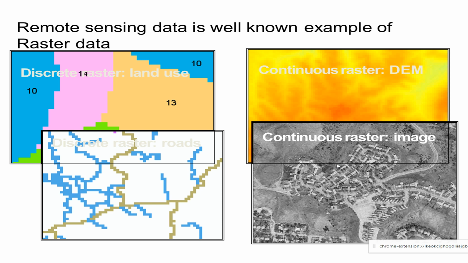So remote sensing data is a well-known example of raster data. If you see here, there is one image of discrete data sets for raster itself and continuous data sets. Continuous data, in raster format of a DEM, if you see this yellow and red image, this is continuous data. These cells are not discrete, not having defined values.